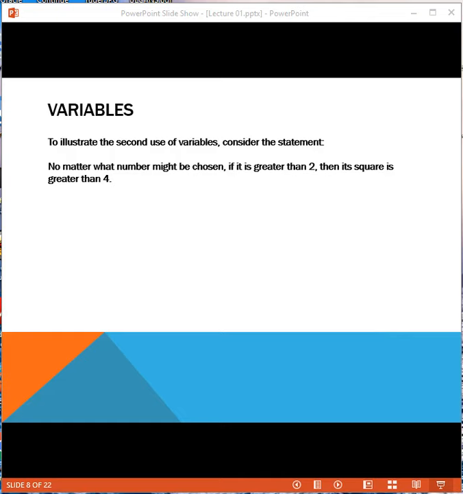The advantage of using a variable is that it allows you to give a temporary name to what you're seeking, so you can perform some concrete computations with it to help discover its possible values. So to consider a second use of variables, consider the statement, no matter what number might be chosen, if it is greater than 2, then its square is greater than 4.